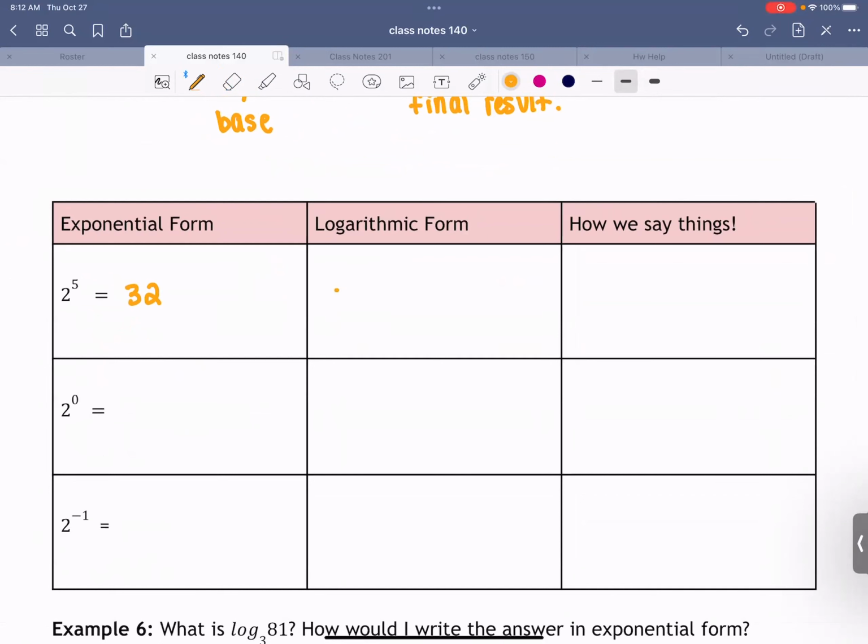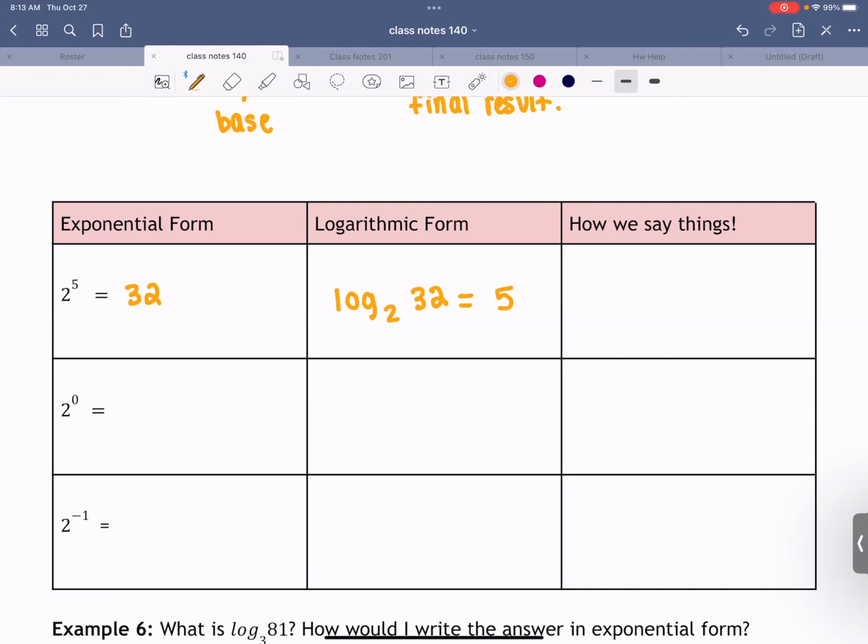Okay. In our second column, I'm going to rewrite this as such. Okay, I'm going to write log for logarithm. Okay. I'm going to put 2 on the very bottom. Okay, so the base kind of goes on the bottom here. Okay. I'm putting the final result next to my log, but up top. Okay. And I'm going to say that this equals 5.